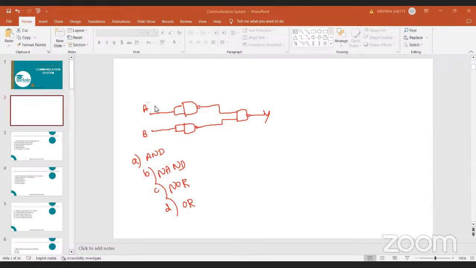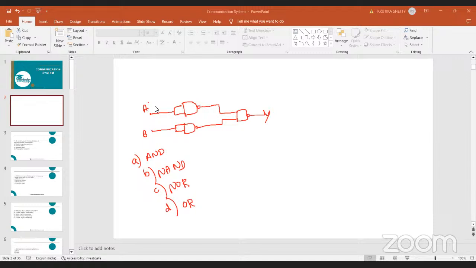You need to identify what your Y output is. Is it an AND gate, NOR gate or OR gate? It is actually option D that is right. That is the OR gate.